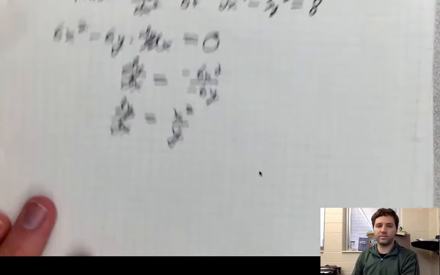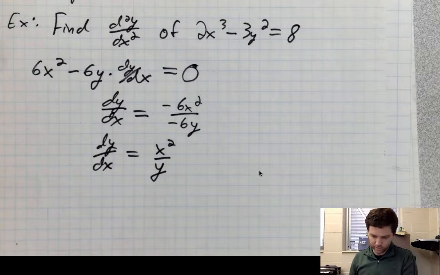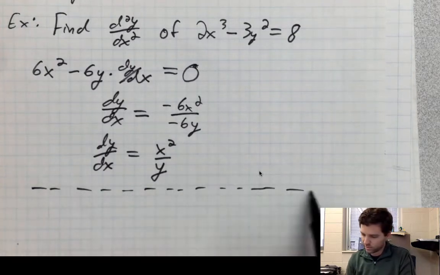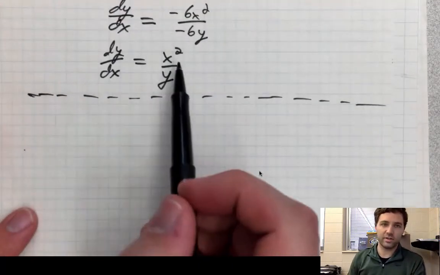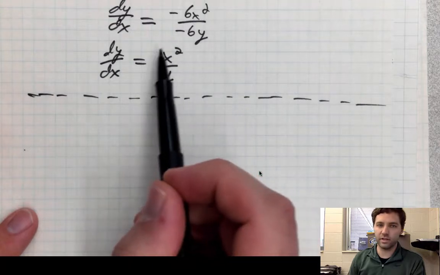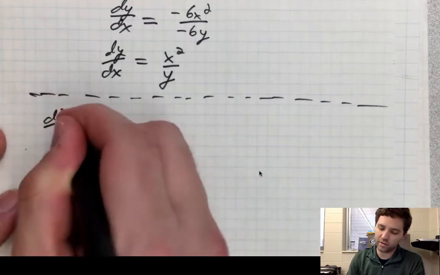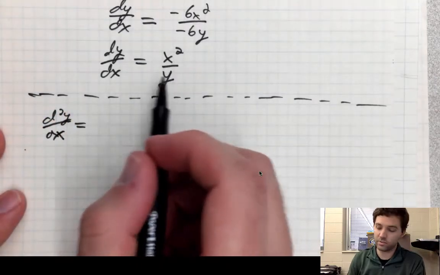Okay. Now, we're going to take the second derivative of that. And so let's see, what's a good way to organize this here? I guess we'll just do this. Should have left myself some more space to the right. Anyway, so we'll take the second derivative, and that is going to be just the derivative of this expression right here on the right. So the second derivative of y with respect to x is equal to, we have a quotient here, so we have to do the quotient rule.